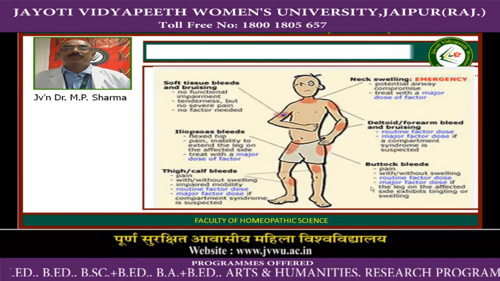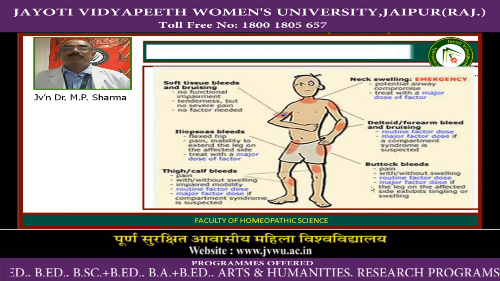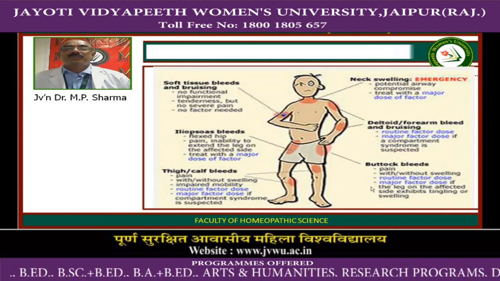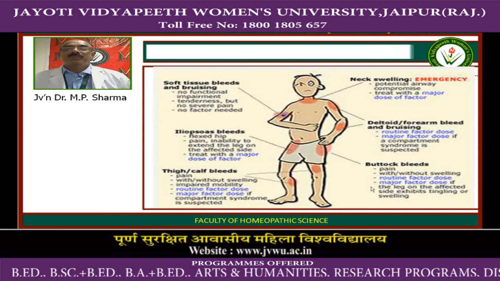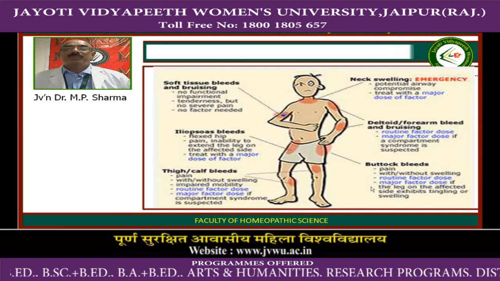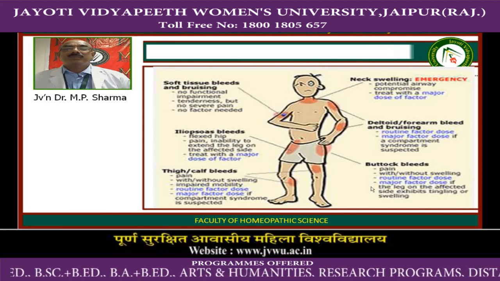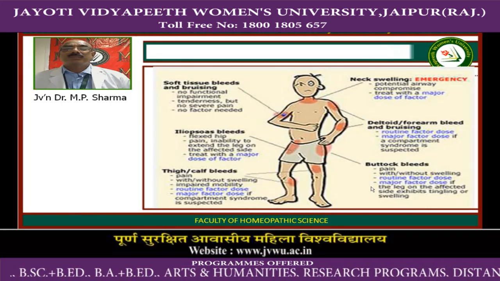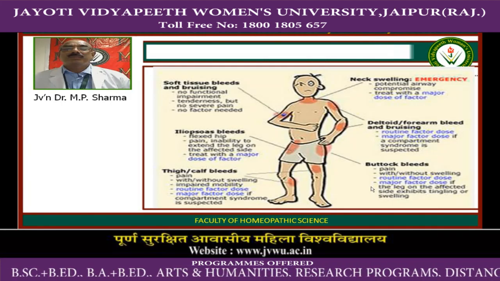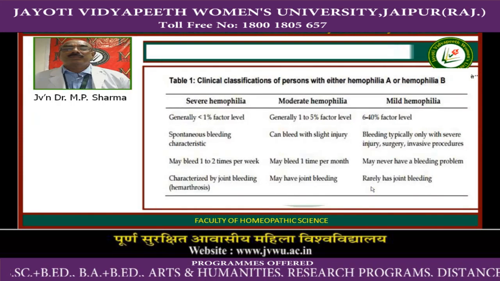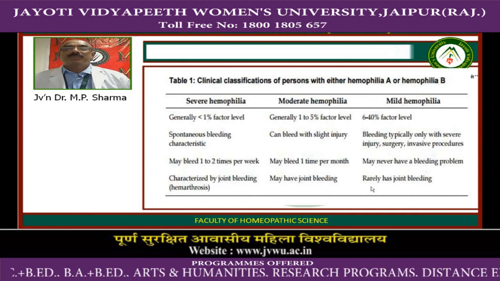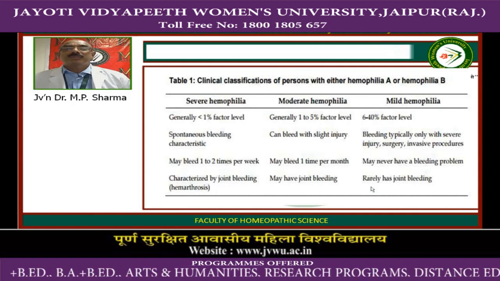We can see through this picture soft tissue bleeds and bruising, neck emergency, deltoid and forearm bleeding and bruising, buttock bleeds, iliopsoas bleeding, thigh and calf bleeding, and the clinical classification of persons with either hemophilia A or B.